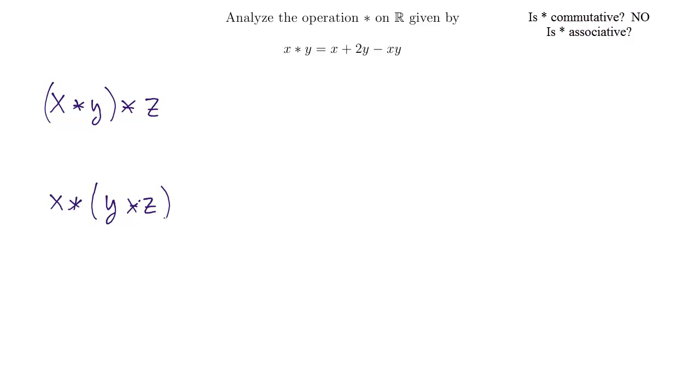So in fact, we're actually first computing y star z and then taking that starred together with x. Notice we're not changing the order of these elements, just the order in which we're combining a pair of them. Let's see what we get.